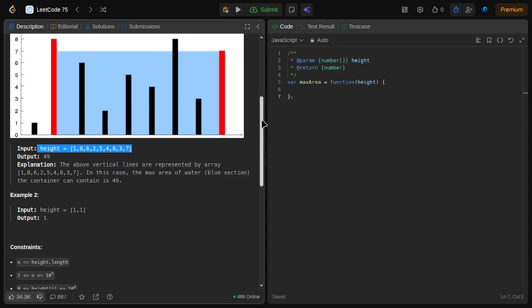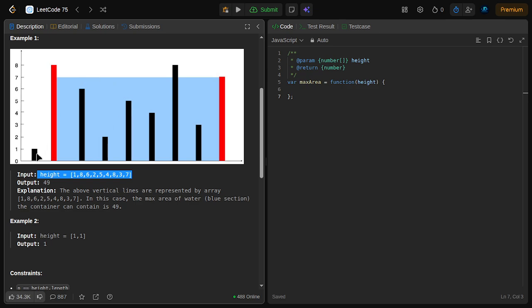If we draw a bar graph with these values, we see 1 8 6 2 5 4 8 3 7, these vertical lines.